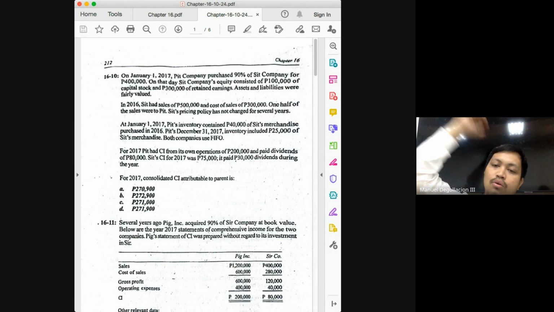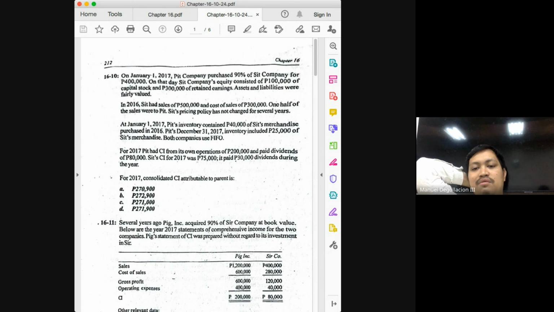So far, we have 75,000 profit of the subsidiary as reported, and then add markup on beginning of 16, and then deduct markup on ending of 10,000. Will give you how much? 75 plus 16, that's 91, minus 10, that's 81.